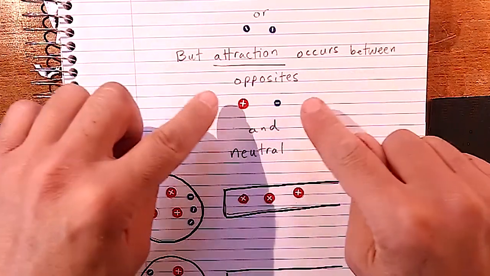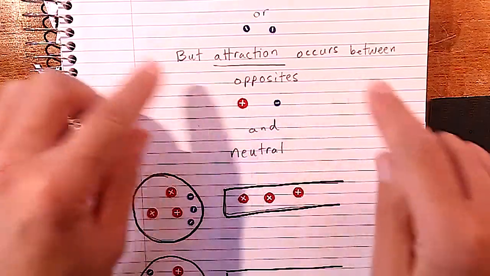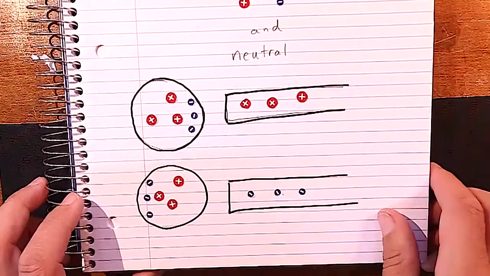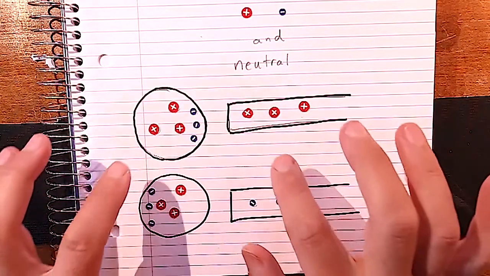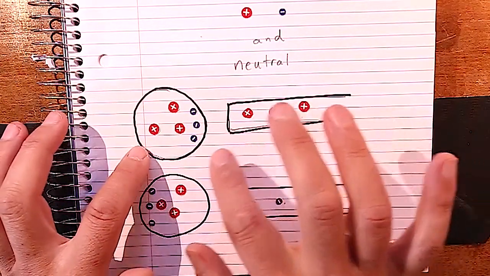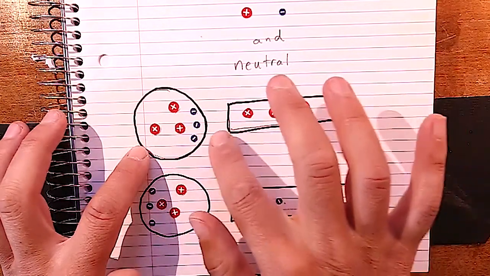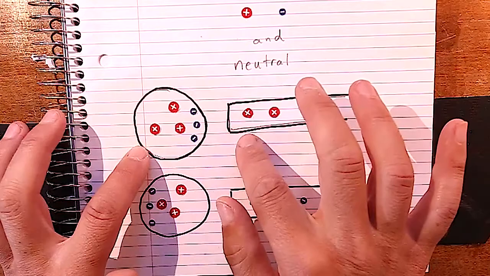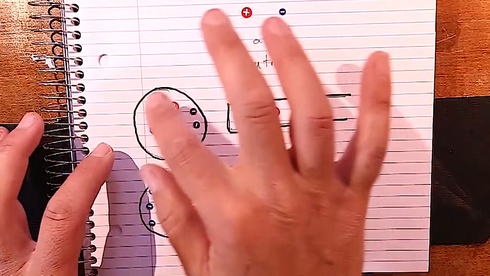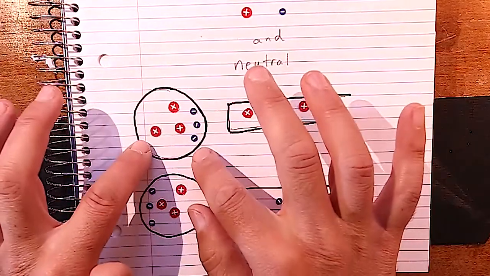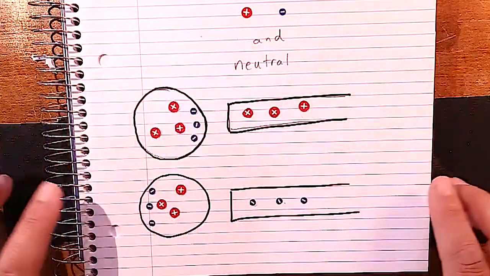You can get attraction between opposites, and you can get attraction between neutral objects when you're dealing with charge by induction. Charge by induction occurs when the electrons move over towards the positives. They're closer, so we get attraction. The net charge, 3 pluses, 3 minuses, is neutral. So neutral is attracted to positive.